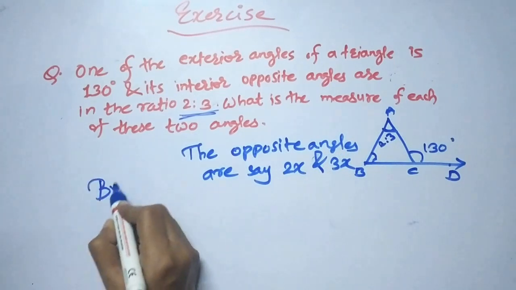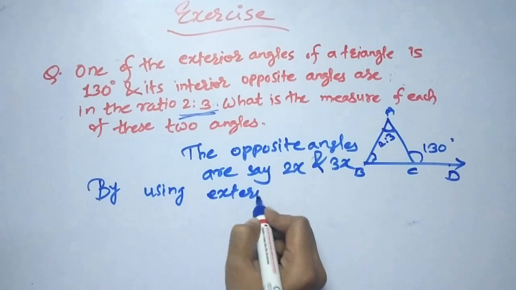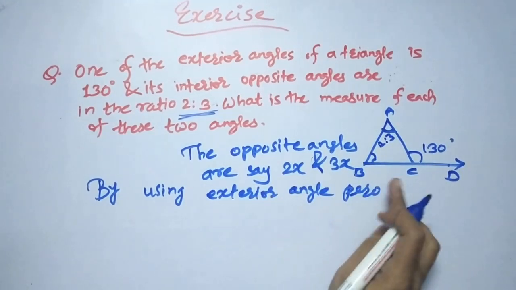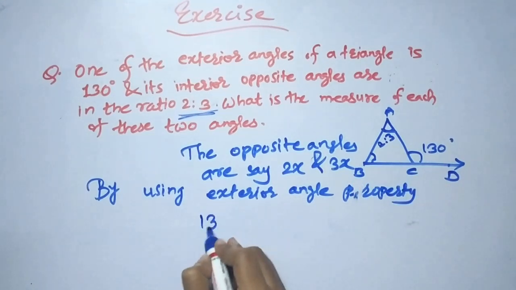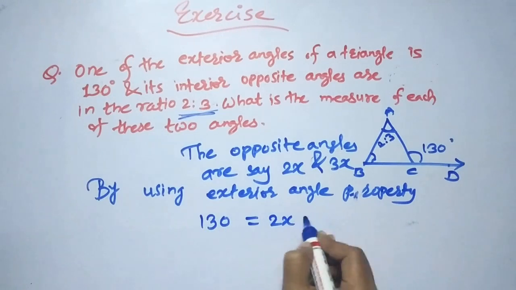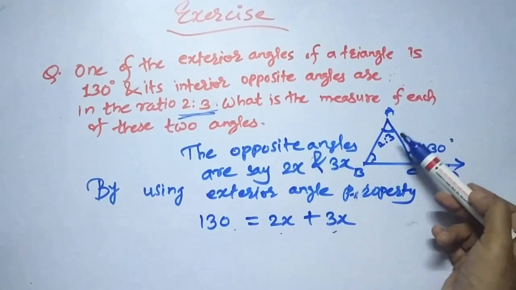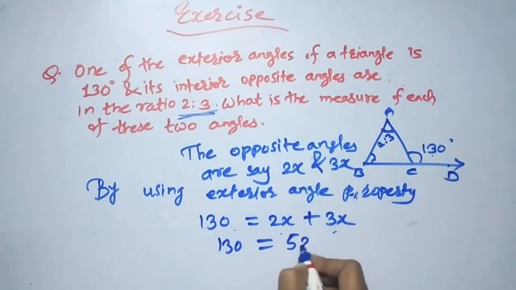So friends, again by using the exterior angle property of a triangle, we can write down 130 is equal to 2x plus 3x. This exterior angle is a sum of interior opposite angles. So 130 is equal to 2x plus 3x, like terms will get 5x.